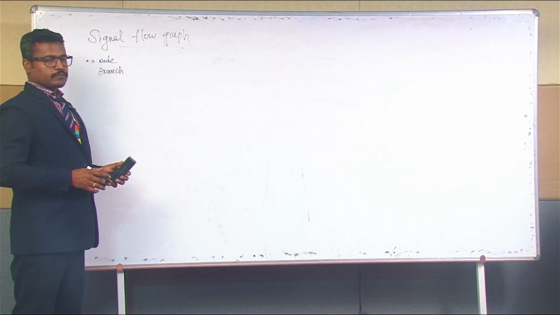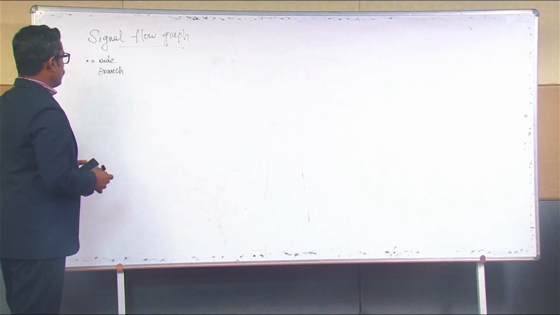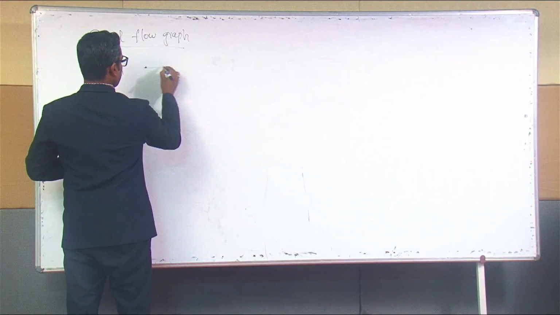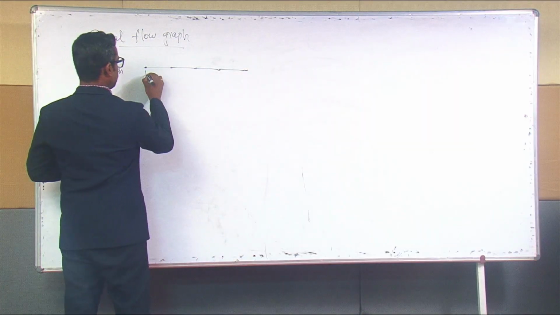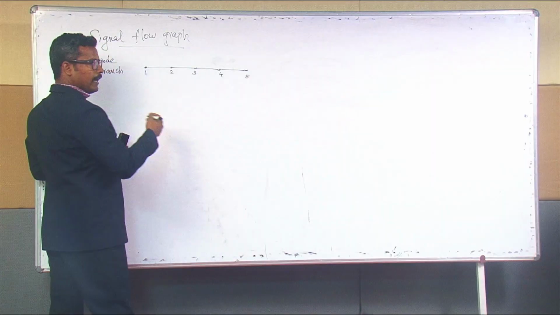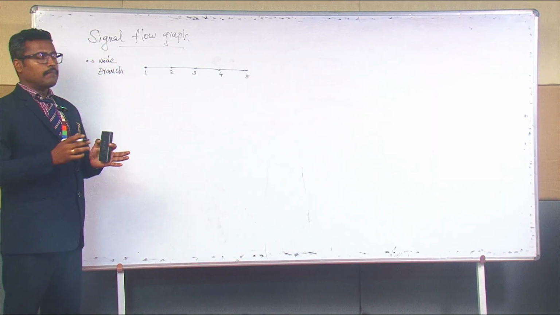Okay, so for example, I'm going to draw a signal flow graph with nodes 1, 2, 3, 4, 5. So we can write the nodes as 1, 2, 3, 4, 5, and I'm representing the transfer function of the block in a branch.